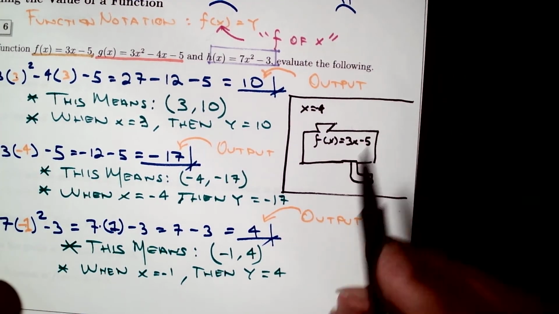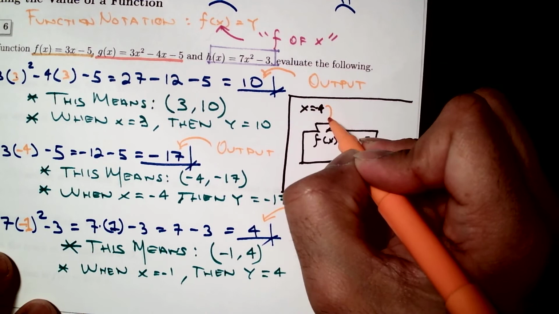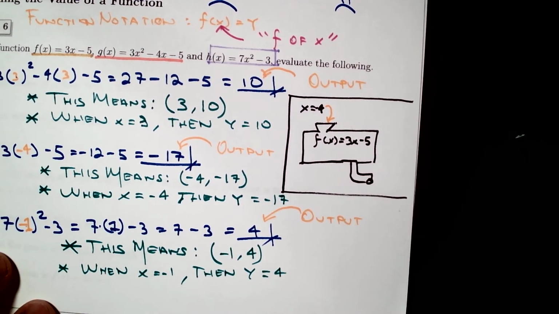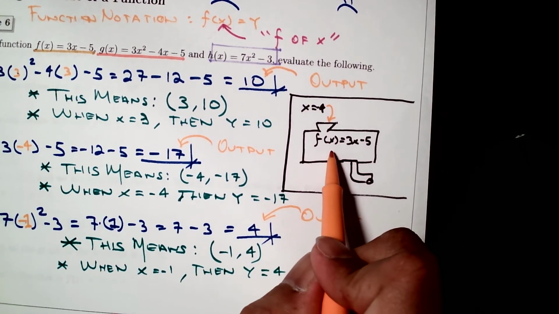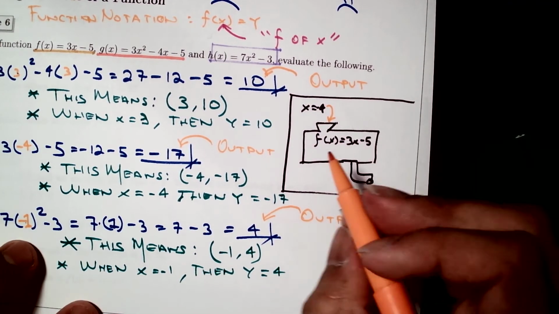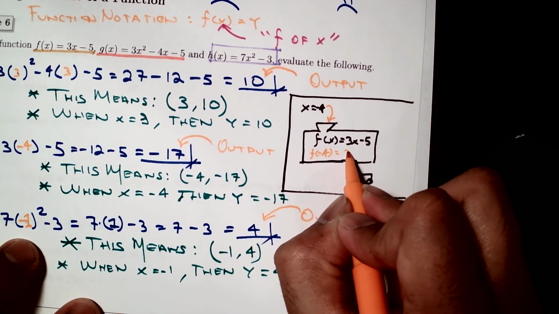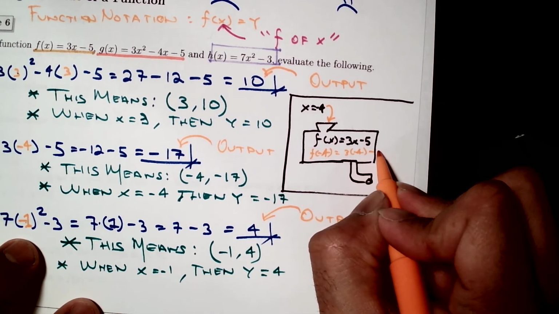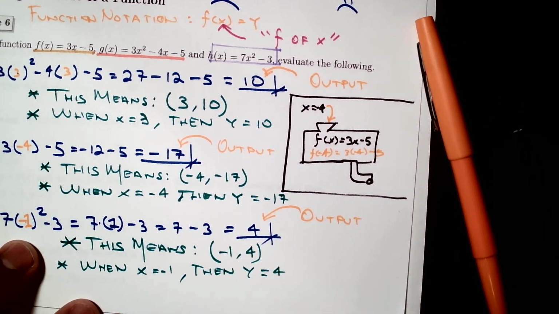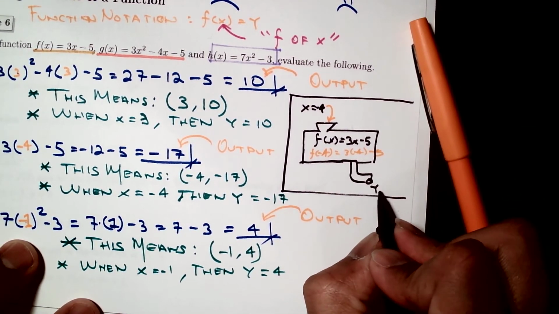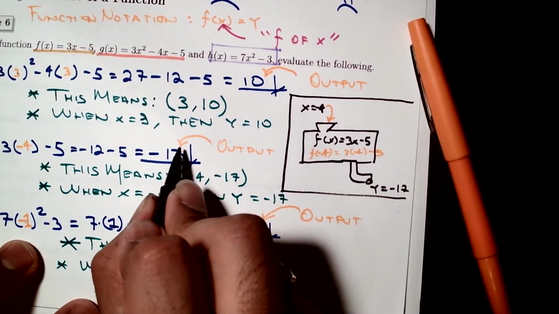Well, we input this x equals -4 into the function f of x, so f of -4, minus 5, and the final answer is going to be the output y equals -17, which is what we obtained here.